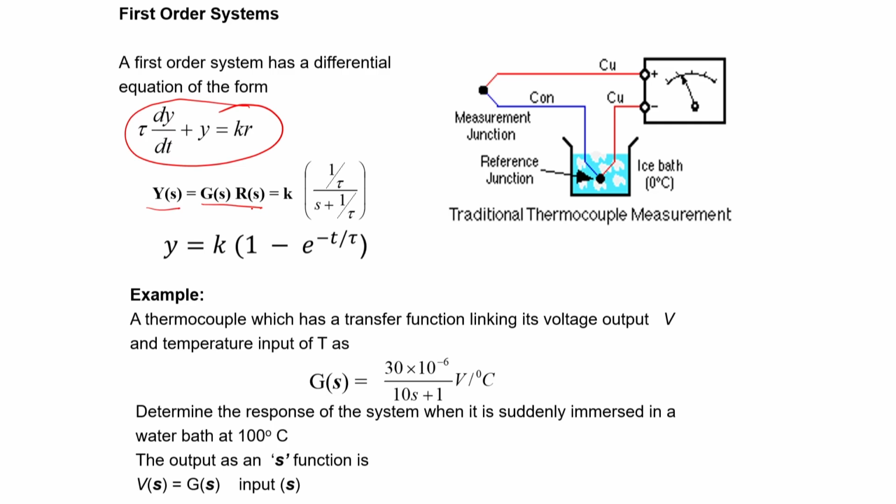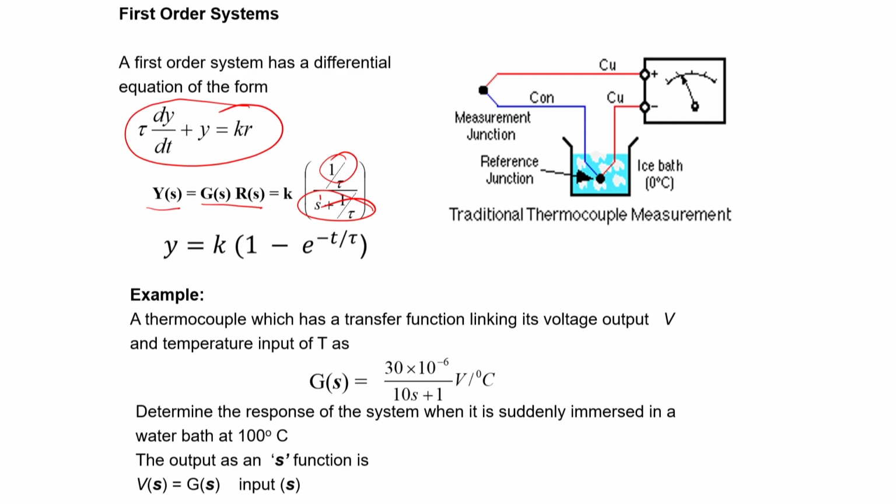That means after Laplace transformation I can write it as k times (1/tau) over (s plus 1/tau). One point you should always keep in mind is that the nature of this denominator polynomial determines the order of the system. In this case, the polynomial is of first order. So, this is why it is a first order system.